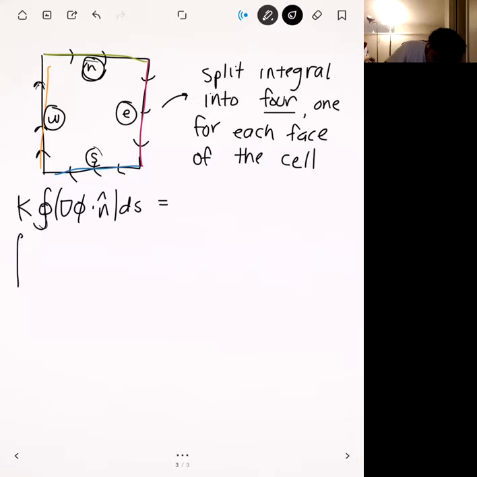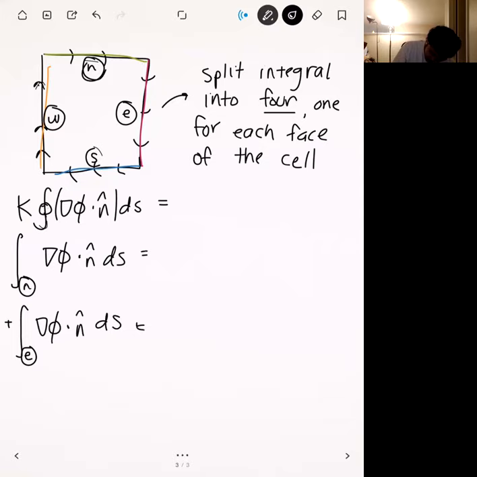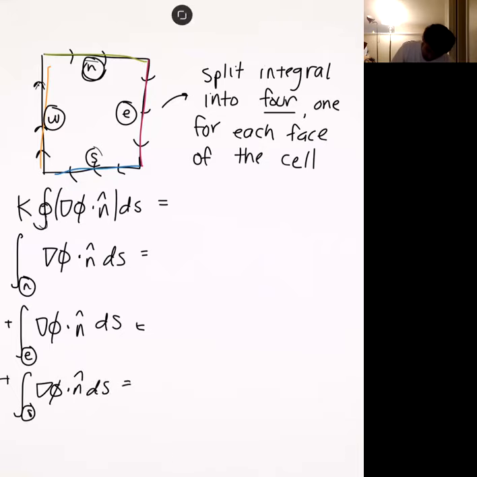So we start with the integral on the north face of gradient of phi dot product with n ds, okay, plus the integral on the east face of gradient of phi dot product with n ds, okay, plus the integral on the south side, gradient of phi dot product with n ds, okay. Then plus the west integral down here, gradient of phi dot product with n ds, okay.